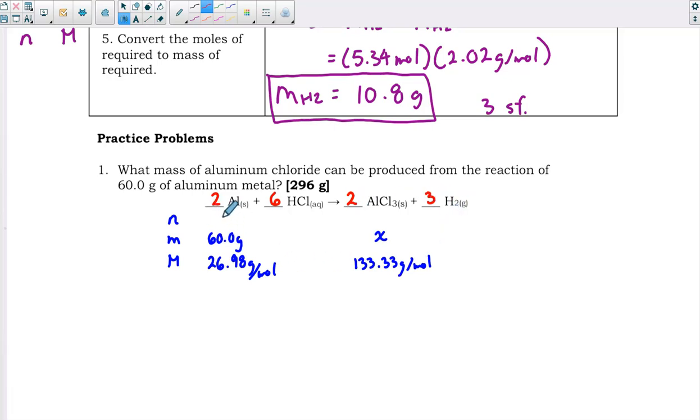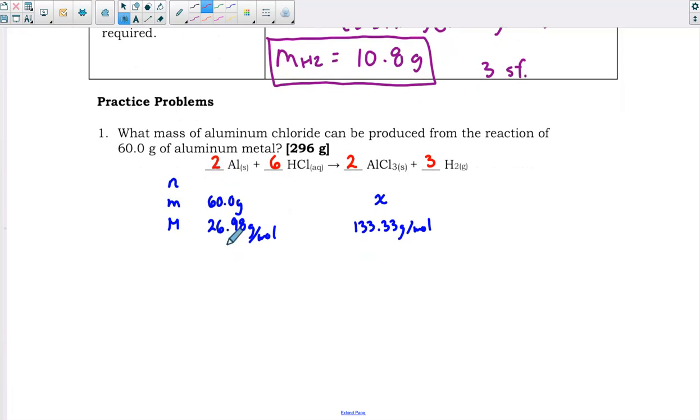So our first step is going to be to find these moles of aluminum using our mass and our molar mass. Okay? And we're going to be utilizing our triangle, moles, mass, and molar mass. So our first step, we need to find our moles of aluminum. To do that, we take our mass of aluminum divided by the molar mass of aluminum.